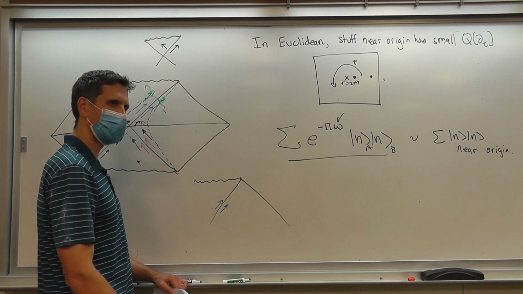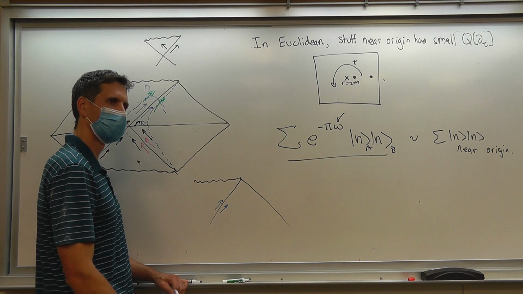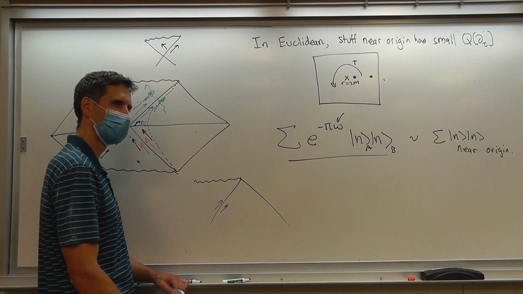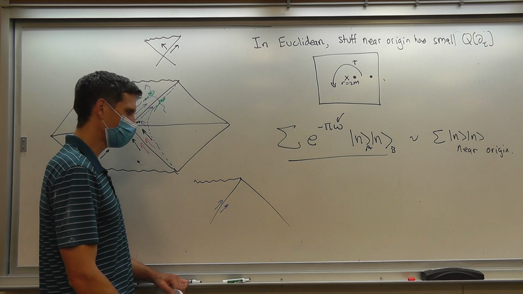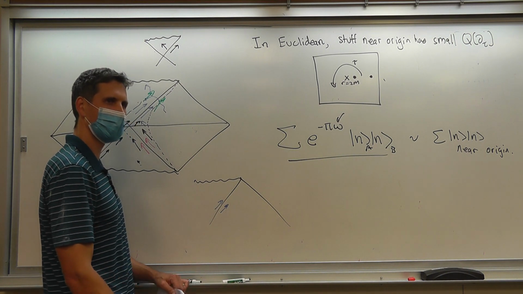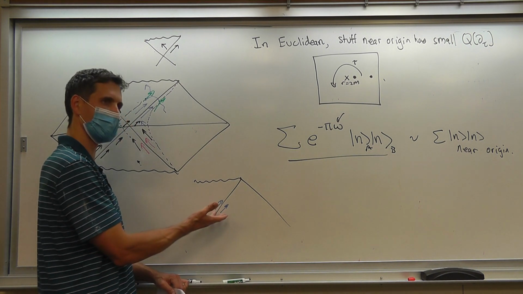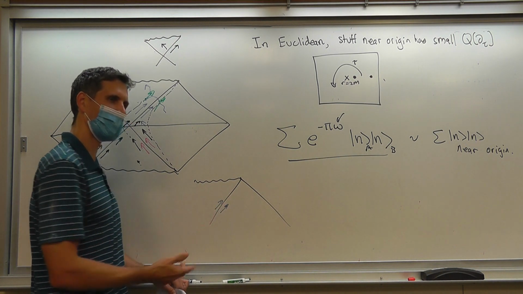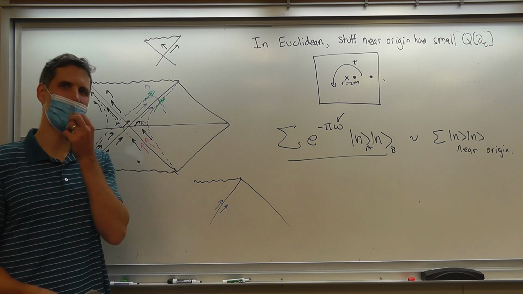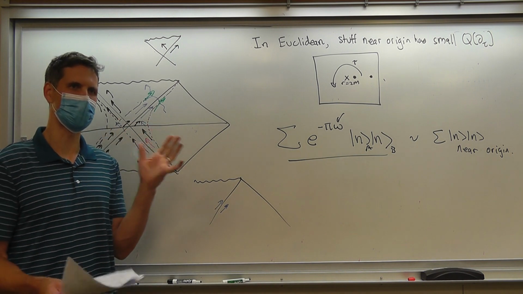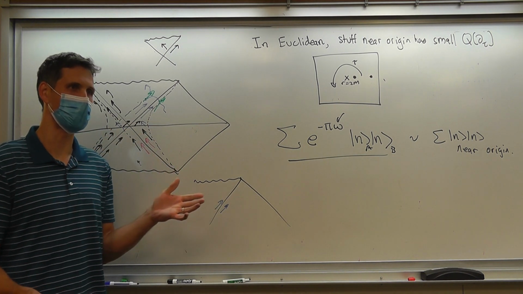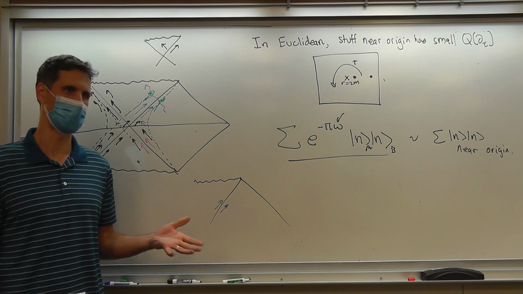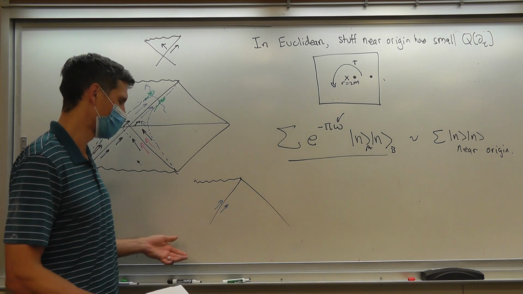In what sense should we think of these as virtual particles that are torn apart? I think it's not a terrible analogy. These are virtual particles in the sense that, when they're near the horizon, well, in curved space, I'm not sure what's a particle and what's a virtual particle, because it depends on the observer who's measuring it. People have different ideas of what a particle is in curved space.